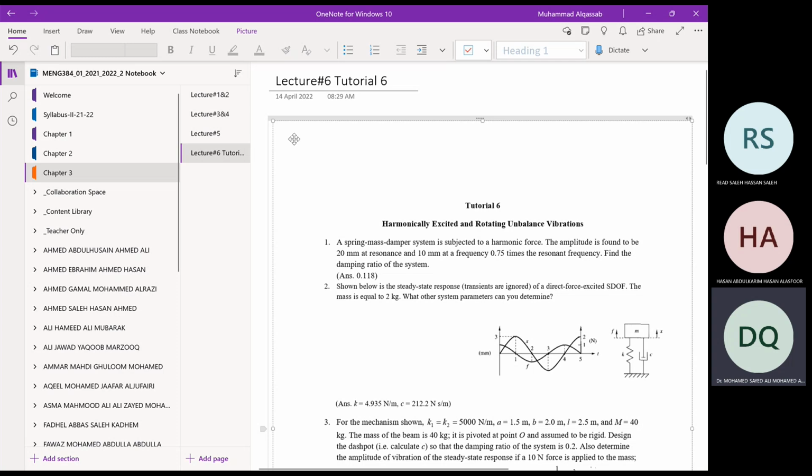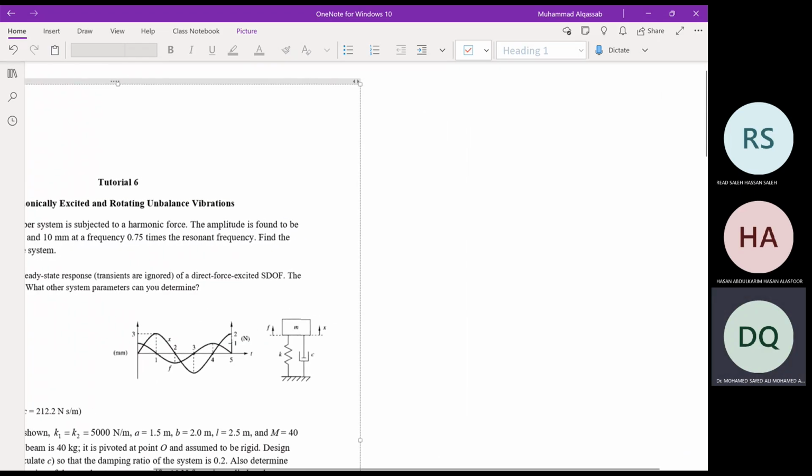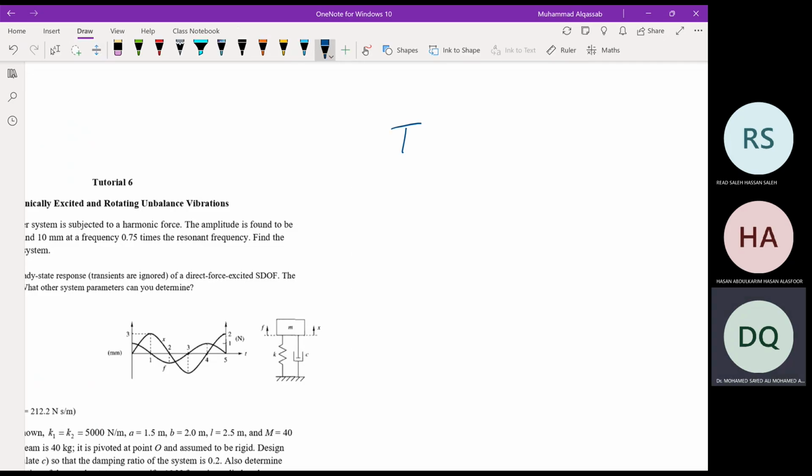Maybe there are some questions about that. The transmitted force will be a section. We will talk about it, but let me explain it here.